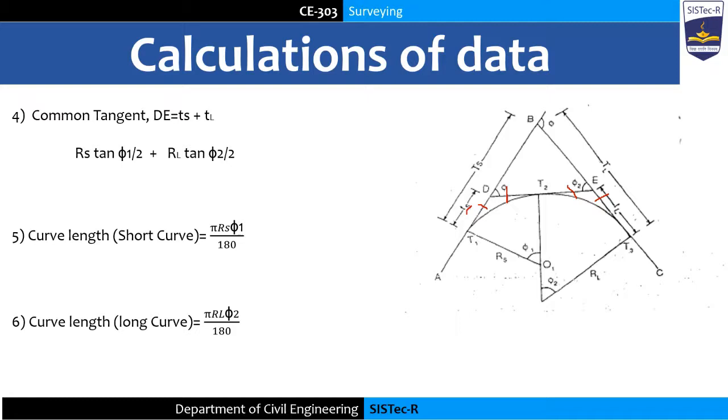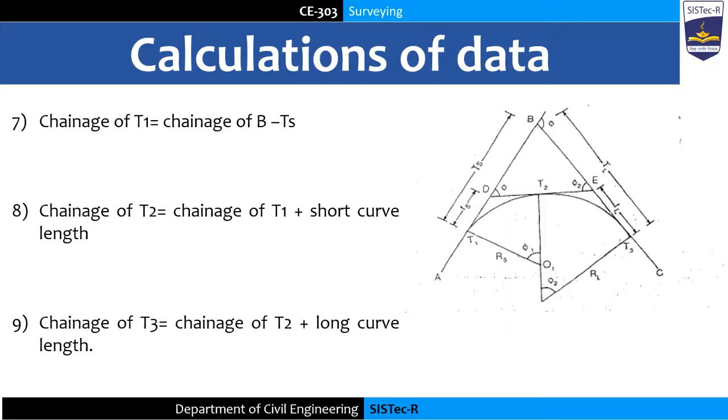So the formula for curve length for the short curve is pi rs phi 1 upon 180, where we have converted the angle into degrees. Similarly for the long curve, the length of curve is pi RL into phi 2 upon 180. In this way we have calculated the common tangent, the curve length of the short curve, and the sixth one, the curve length of the long curve.